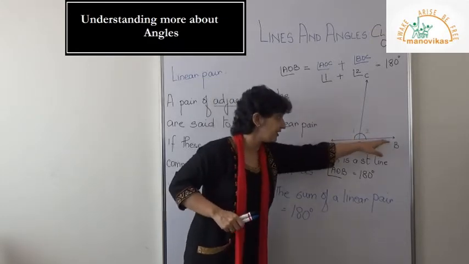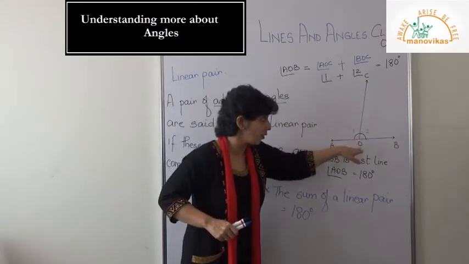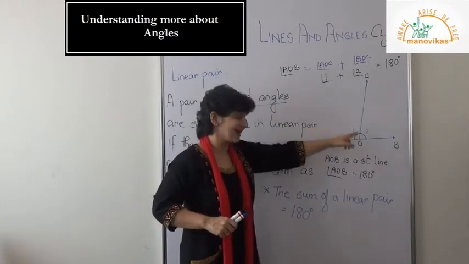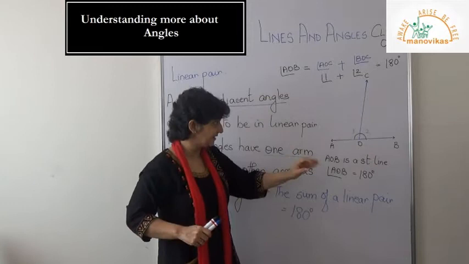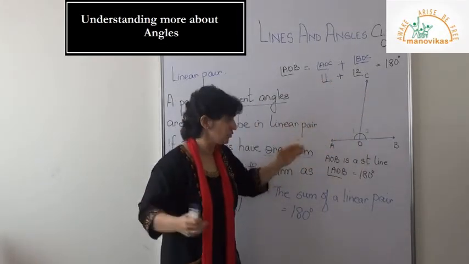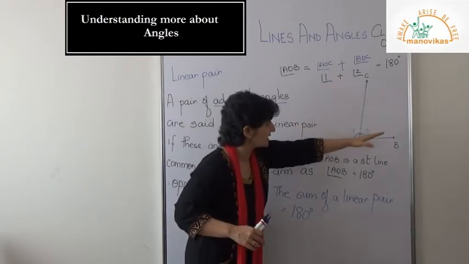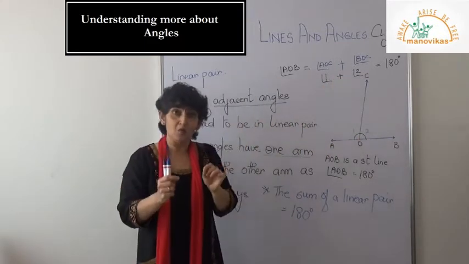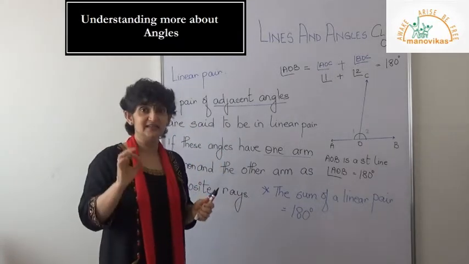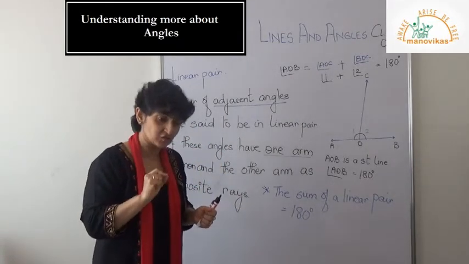Here, for example, if I have A O C, angle AOB, correct? This is a straight line. So this angle is equal to 180 degrees. So angle COA, or you can say AOC, plus angle BOC, both when I add together, it gives me a linear pair. I hope you have understood.